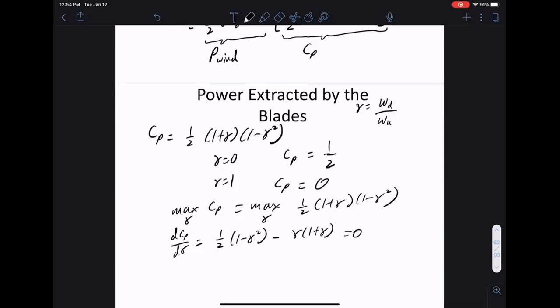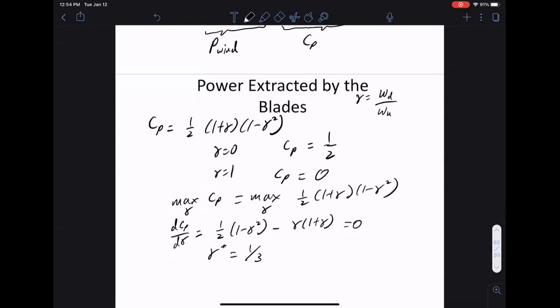So this will turn out that the maximizing gamma should be either 1/3 or 2/3. It turns out the best gamma you can have is 1/3.